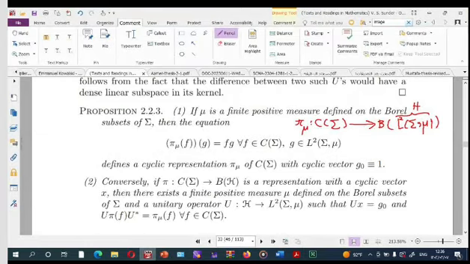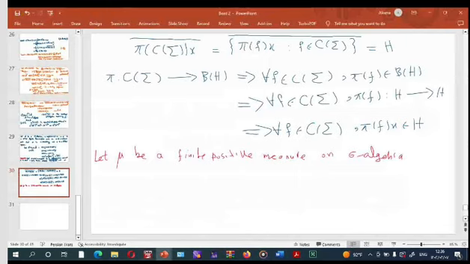Borel sets. Let me write on the Borel subsets of this set. This is a set, okay? This is not a good symbol.